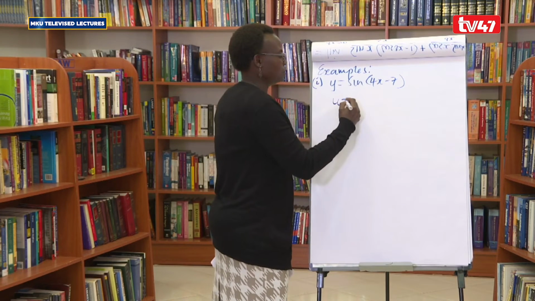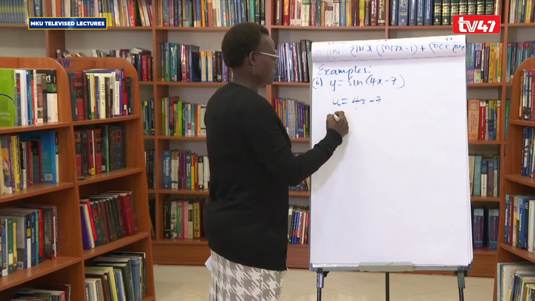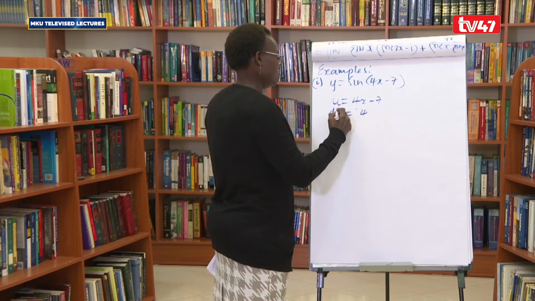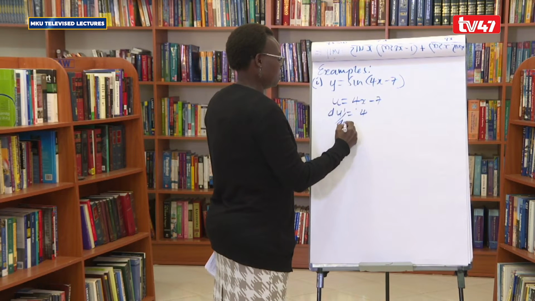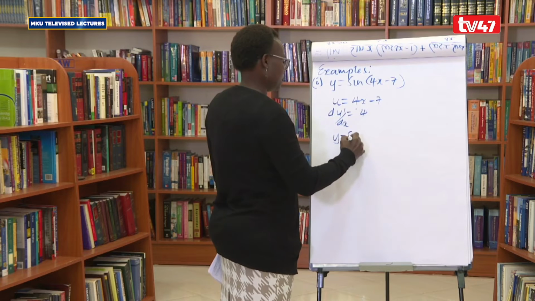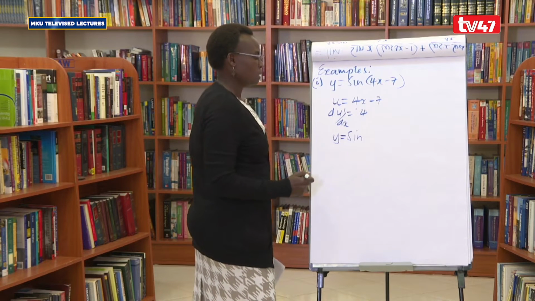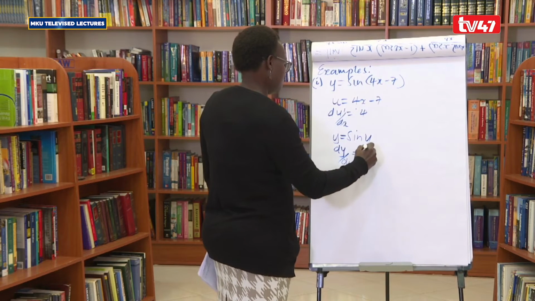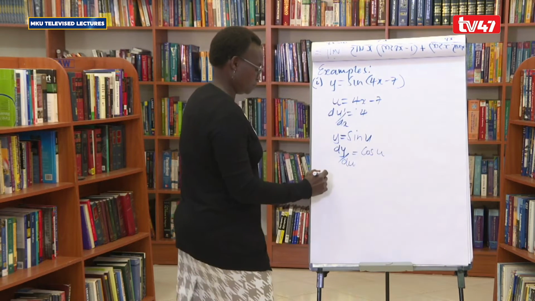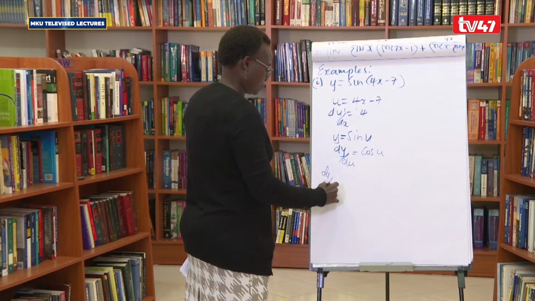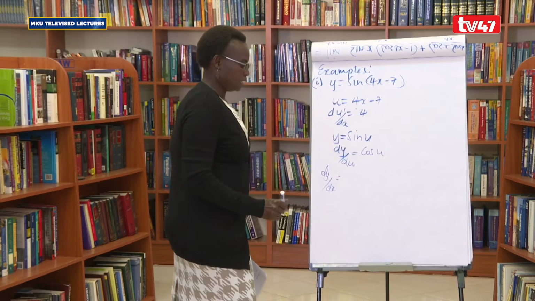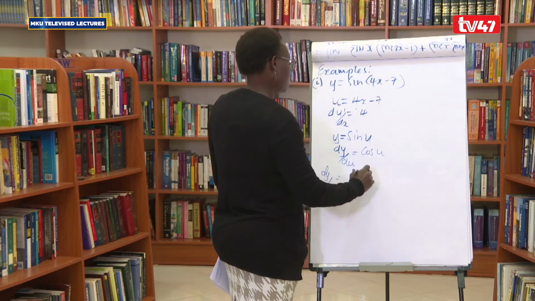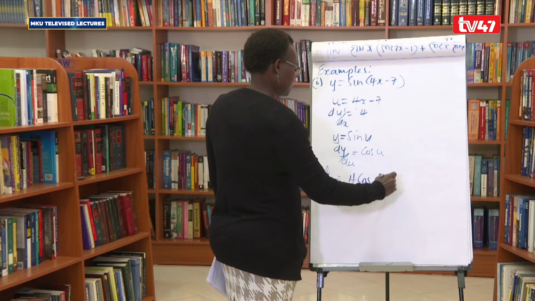I will have u as 4x minus 7, so du over dx will give us 4, and then y is sine of u, so dy over du will give us cos u. Then we find the derivative, which is the product of the two. So that would give us 4 cos of 4x minus 7.